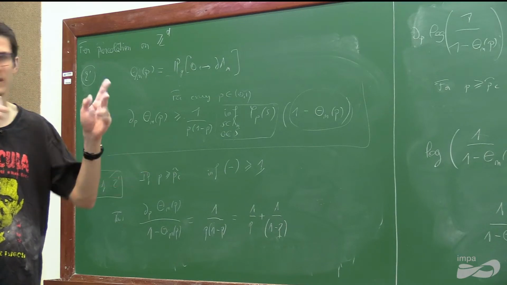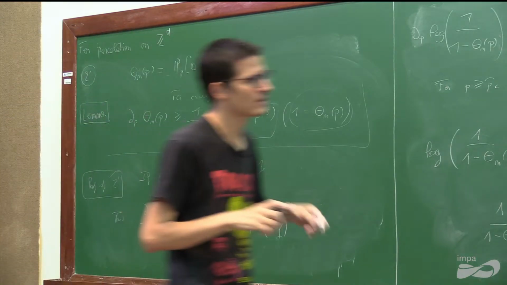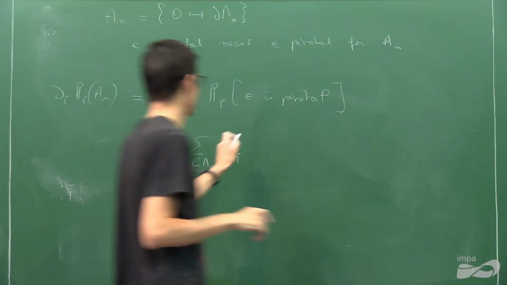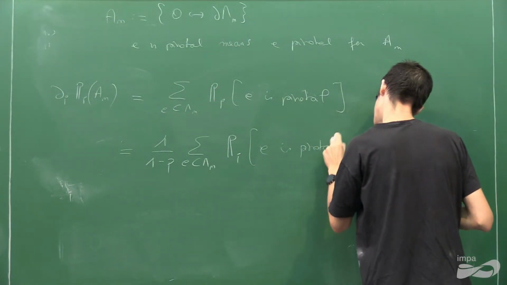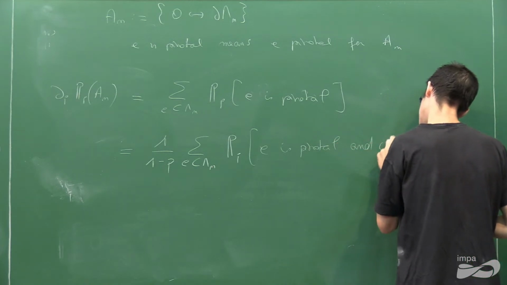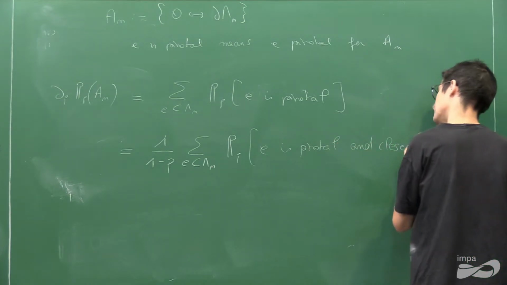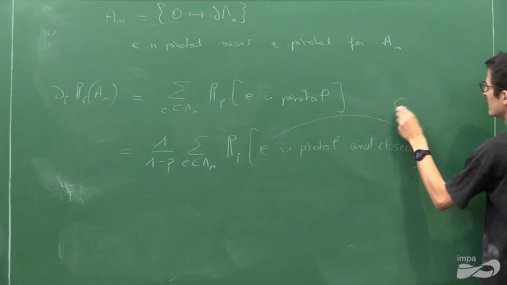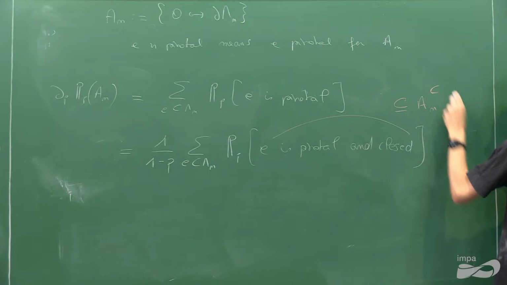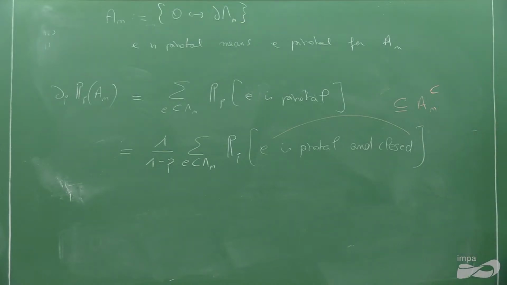So I want here E to be pivotal and closed. This event here is included in A and C. By definition, if an edge is pivotal, when it's closed, then the event does not hold.